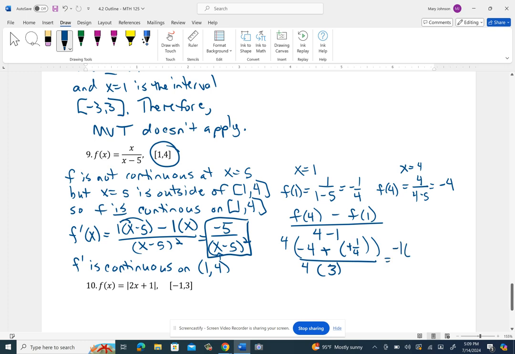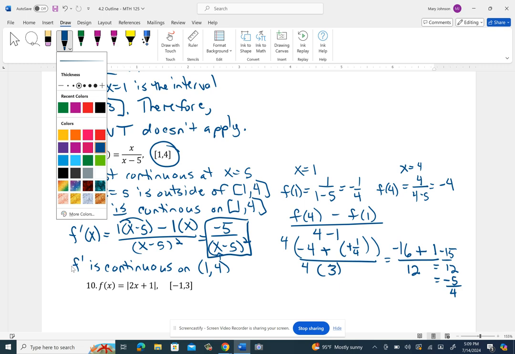I'll get negative 16 plus 1 over 12. That's negative 15 over 12. And that's divisible by 3 top and bottom, so I can simplify that and get negative 5/4. Okay. All right, now I'm going to try to see if I can get some more paper.